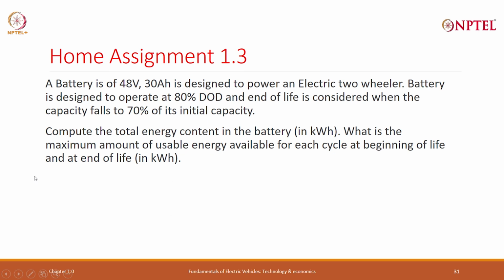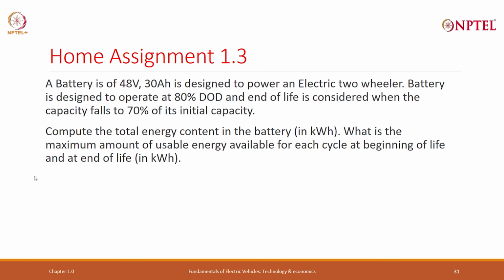We are ready for assignment 1.3. These are all small assignments. A battery of 48 volt, 30 ampere hour is designed to power an electric two-wheeler. The battery is designed to operate at 80% depth of discharge. End of life can be considered when it reaches 70% of initial capacity. Compute the total energy in the battery in kilowatt hour.